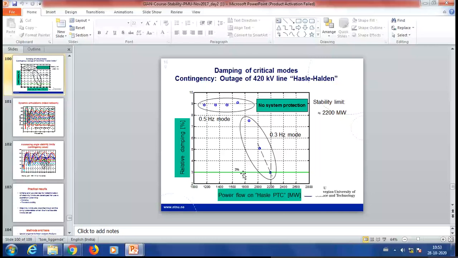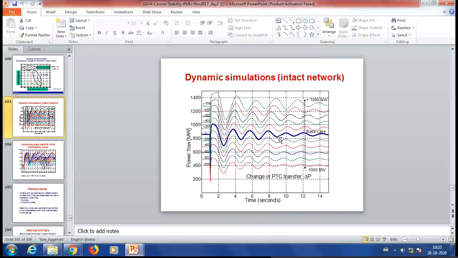That means if you have some disturbance, there would be some oscillations. The oscillation will not damp out soon. There will be an oscillation observed for a certain period.